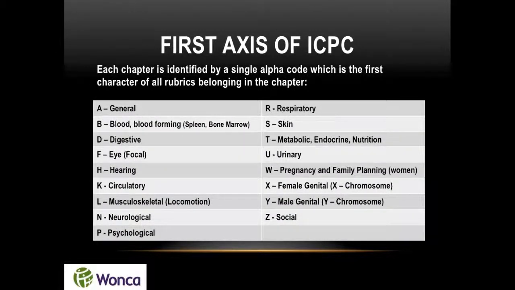The first axis of ICPC is identified by a single alpha code, which is the first character of all rubrics belonging in the chapter.